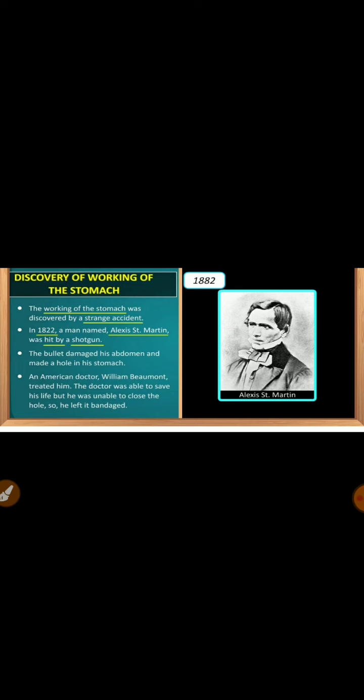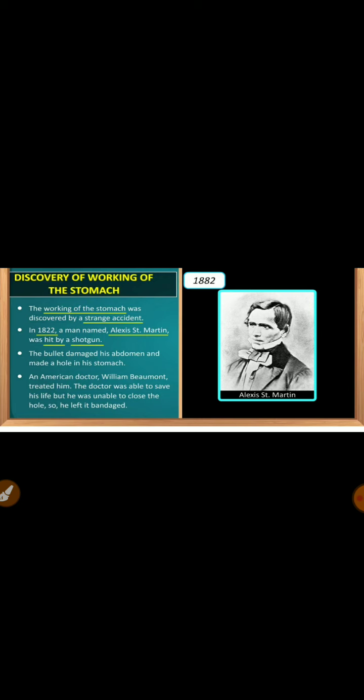You know how the discovery of the working of the stomach occurred? It was discovered by a strange accident. In 1822, a man named Alexis Saint Martin was hit by a shotgun. The bullet damaged his abdomen and made a hole in his stomach.